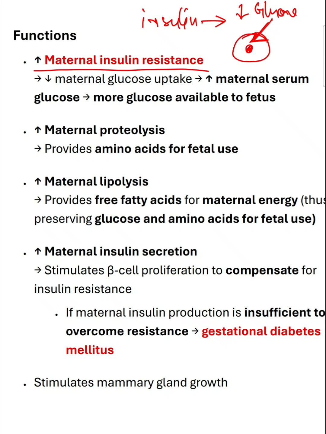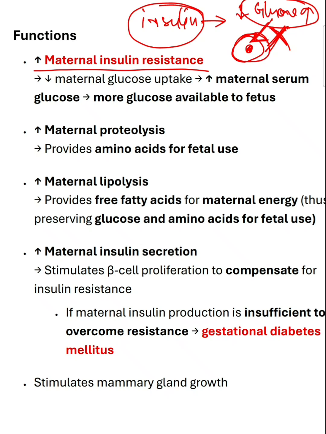Now, when human placental lactogen provides insulin resistance, then this function is decreased. So now the glucose entry into the cells of the maternal body will decrease, right? And that will increase the maternal blood glucose level. Now, why does this have to happen? In pregnancy, the fetus is growing in the womb, so it needs fuel.